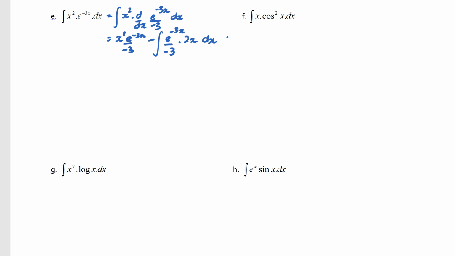And if we tidy that up a little bit, and I'll do that with the magic pen again, just so that I can save a bit of space here. If I take this minus 3 out the front, that will make plus, and the 3 will go down to the bottom.